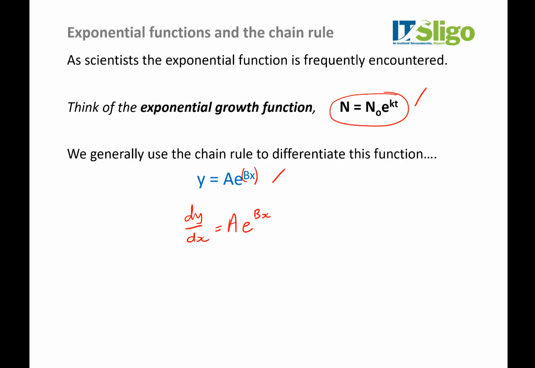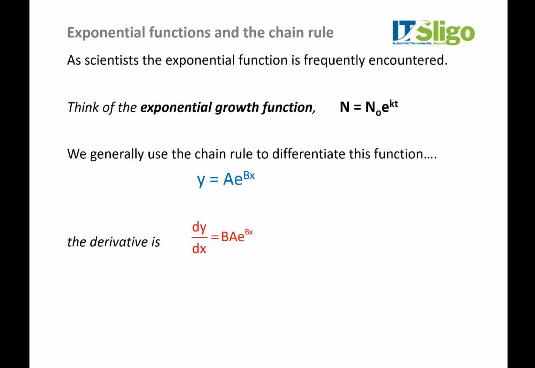It's kind of the same as our original. Next step, though, is to differentiate the function in x, which will be bx to be differentiated, just gives us b. Finally, then, we end up with b by a, bring the numbers together, b by a, and e to the power of bx.